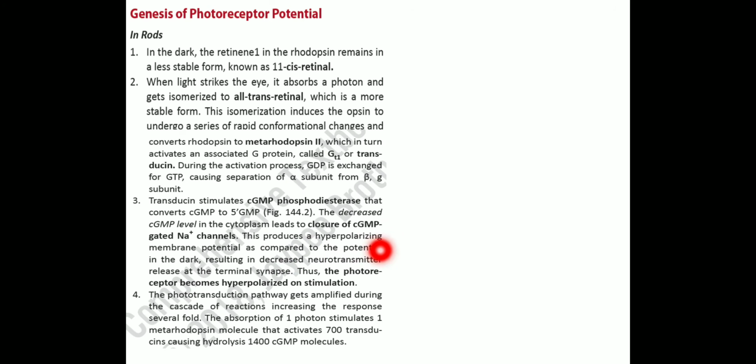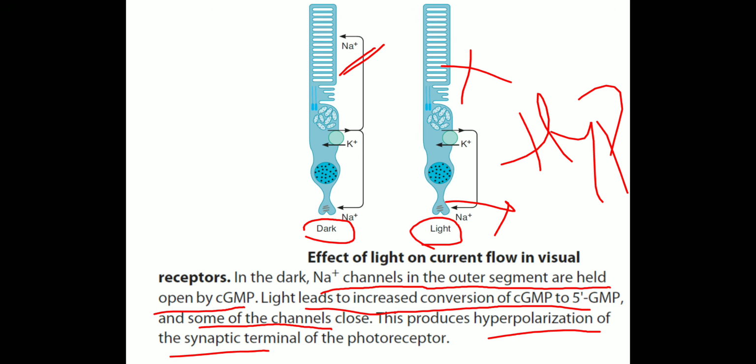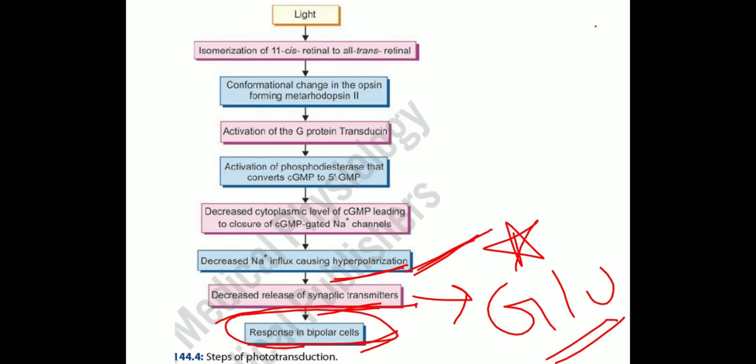This produces a hyperpolarizing membrane potential compared to the potential in the dark, resulting in decreased neurotransmitter at the synapse. So the photoreceptor becomes hyperpolarized on stimulation. Very important. The release of the synaptic transmitter, glutamate, is decreased.